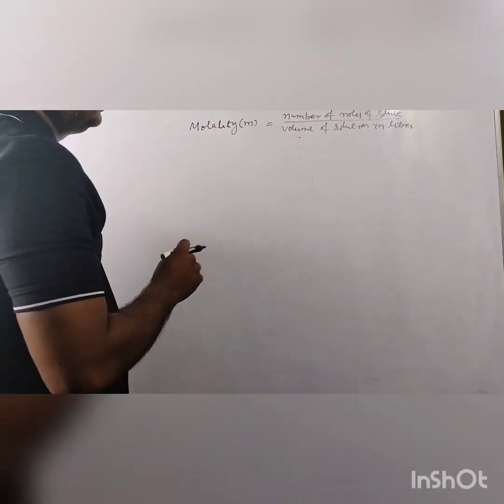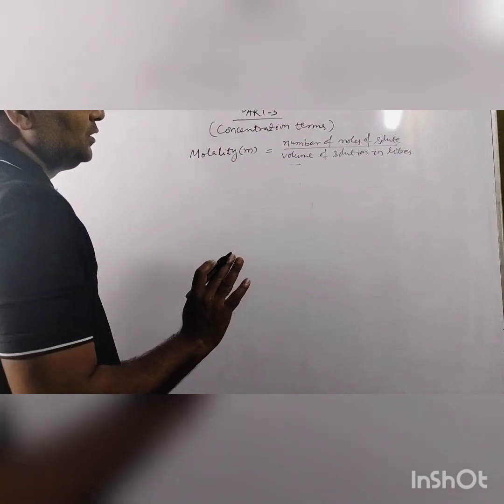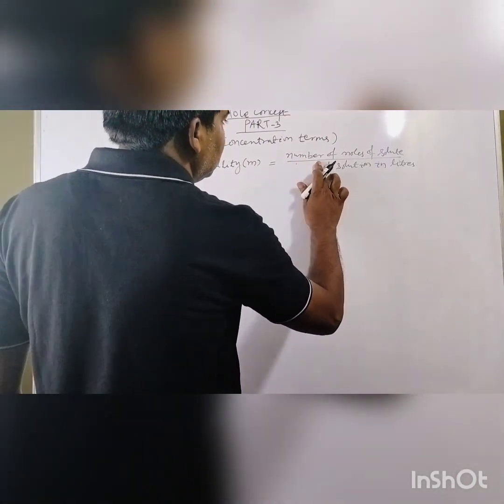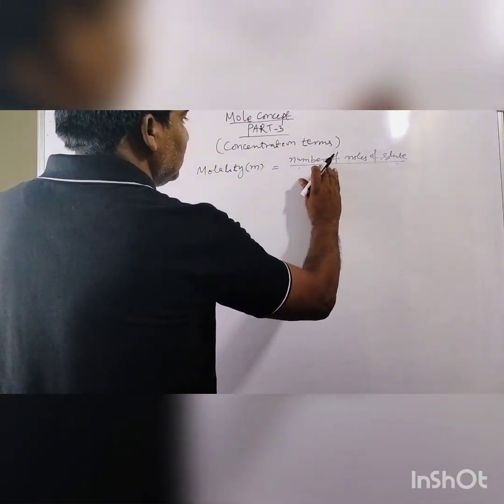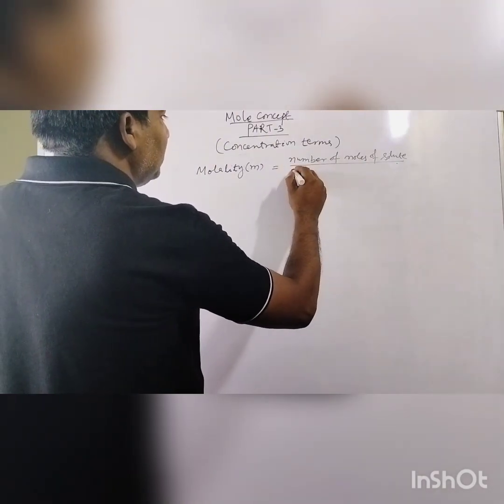Molality given by small m, and here number of moles of solute in the numerator, and the denominator you have to write mass of the solvent in kg.